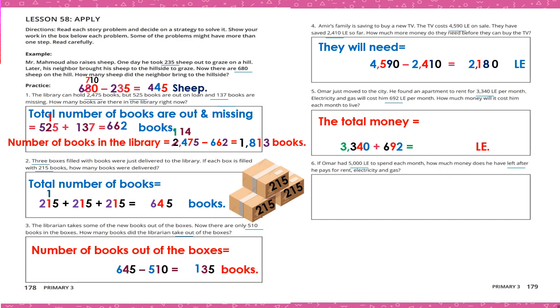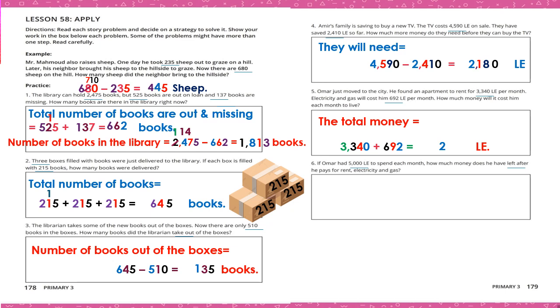So 3,340 plus 692. Ones with ones. 0 plus 2, yes, 2. 4 plus 9. 9 in my mind, 4 in my fingers.